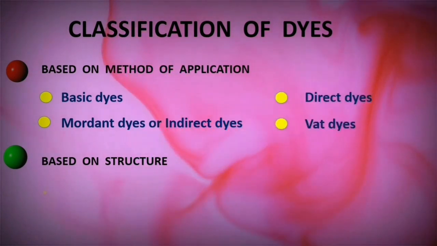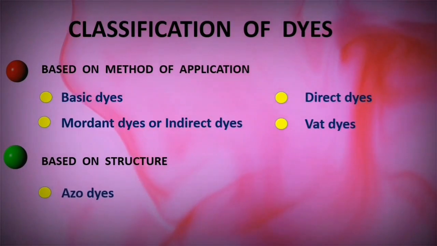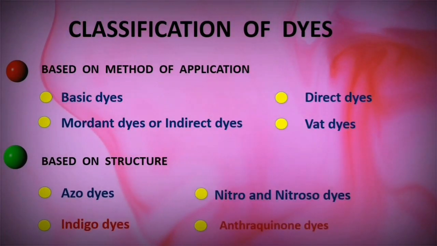Direct dyes have high affinity for cotton, rayon and other cellulose fabric. Vat dyeing is a continuous process and is carried out in a large vessel called vat. Children, based on structure, the dyes are classified as azo dyes, nitro and nitroso dyes, indigo dyes and anthraquinone dyes.